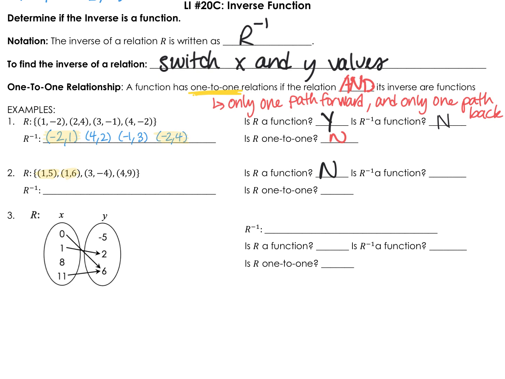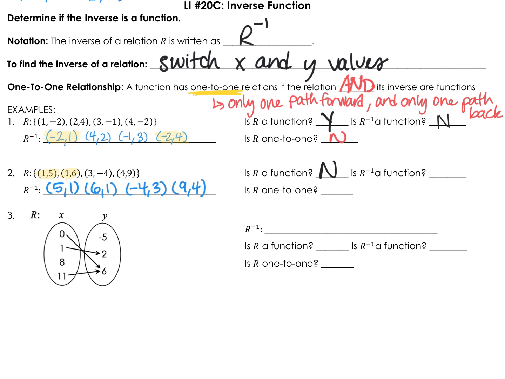Now let's look at the inverse. You already know it's not going to be one-to-one because the original was not a function, but let's carry on. Is the inverse a function? Flip-flop: (5, 1), (6, 1), (-4, 3), (9, 4). We're seeing if we have one path back. Is that a function?